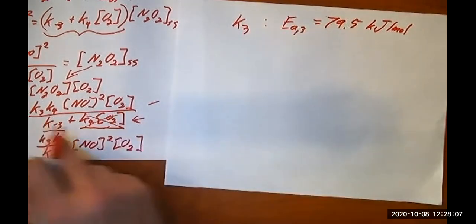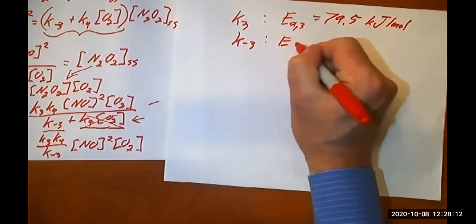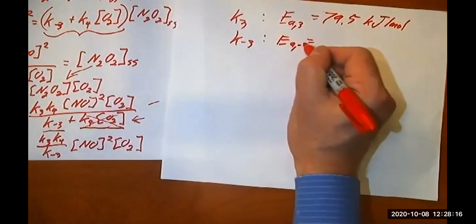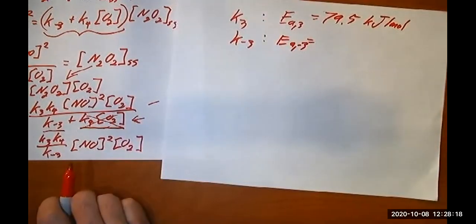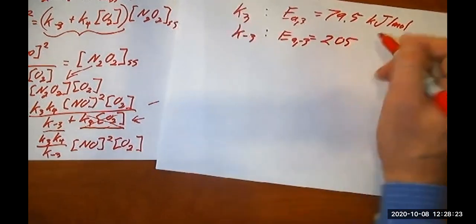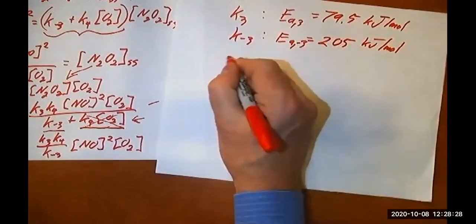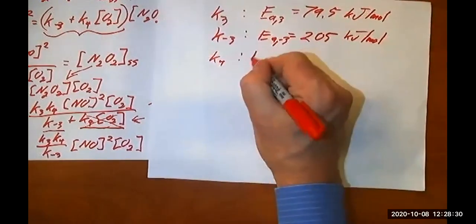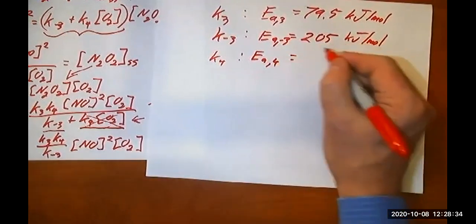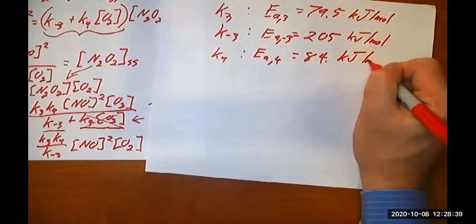Let's do the K minus 3 first. K minus 3 has an activation energy of 205 kilojoules per mole. And our K4 has an activation energy of 84 kilojoules per mole.